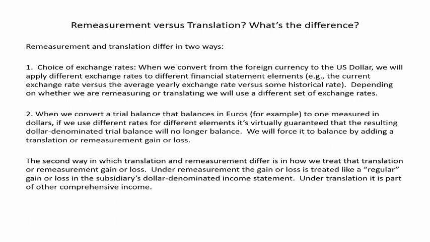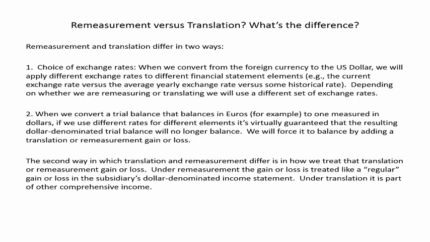Under remeasurement, which is much simpler as far as this aspect is concerned, the remeasurement gain or loss is simply treated as another gain or loss on the subsidiary's dollar-denominated income statement. So when we prepare the dollar-denominated income statement, we'll have sales minus cost of goods sold minus operating expenses, etc., plus the remeasurement gain, or minus the remeasurement loss.